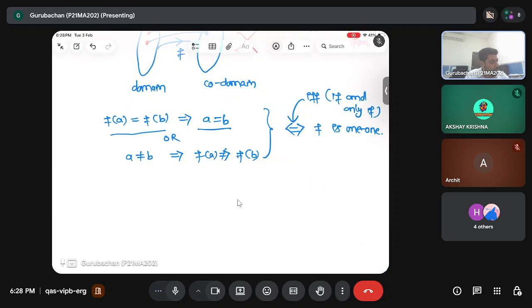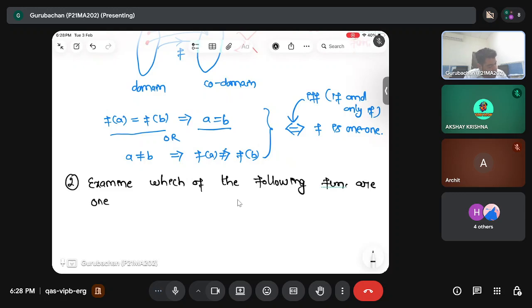So let me give you some example over it. Examine which of the following functions are one-one.